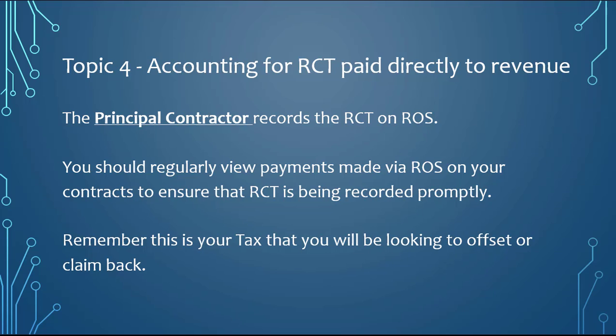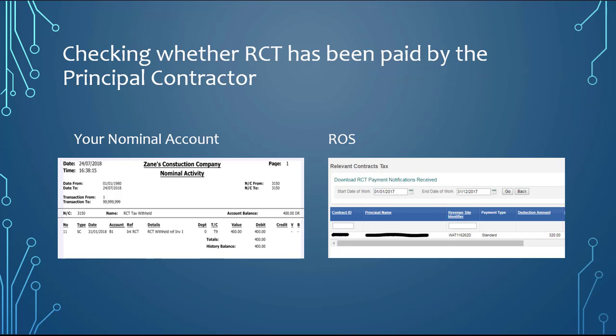So let's have a look at how you would check to see, is it being paid. On the left hand side here you would see your nominal account. So let's say for example you pop in and you go to nominal codes, go over to reports and look at the report, or the activity, for 3150.